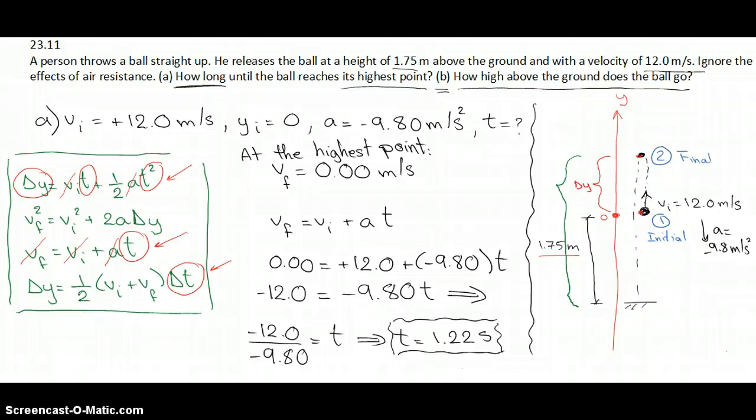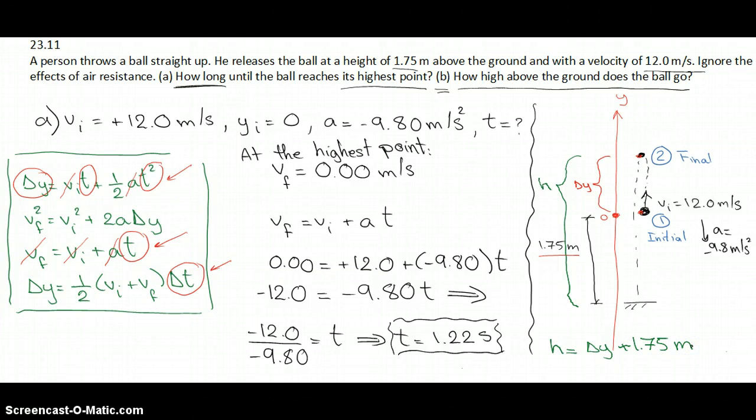So the total, or the green part, let's call it h. I just made up a symbol. H will be the delta y that I can find from between these 2 points from these formulas, and I just add 1.75 meters to it.